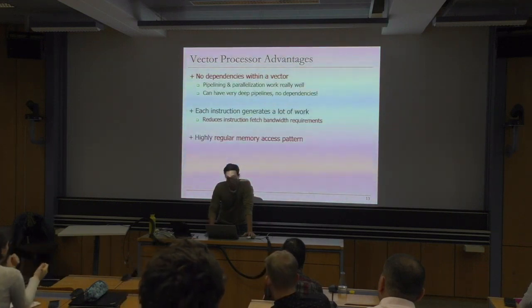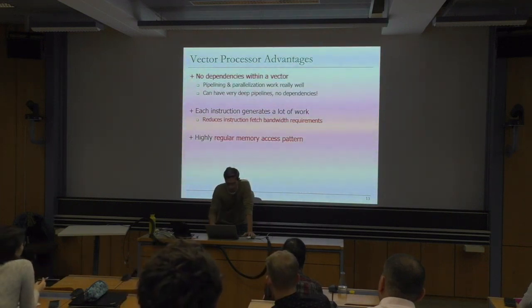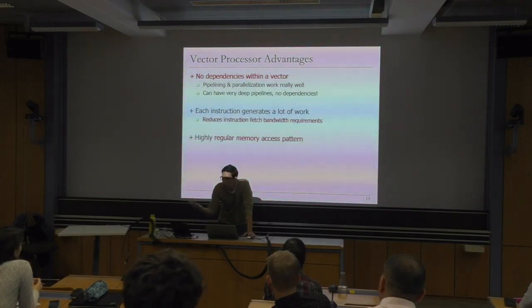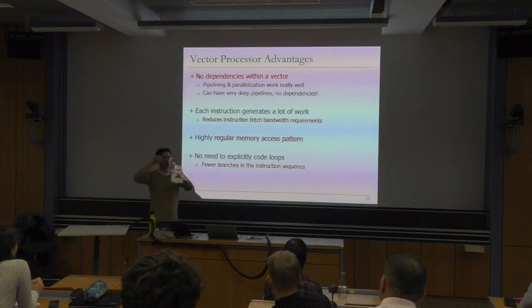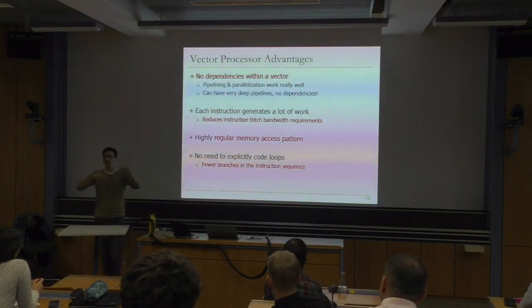Highly regular memory access patterns. It's what I was just mentioning. This can also have some benefits in terms of exploiting the memory bandwidth better. And no need to explicitly code loops. What does this mean? Just recall this for loop that we have there from 0 to 49.